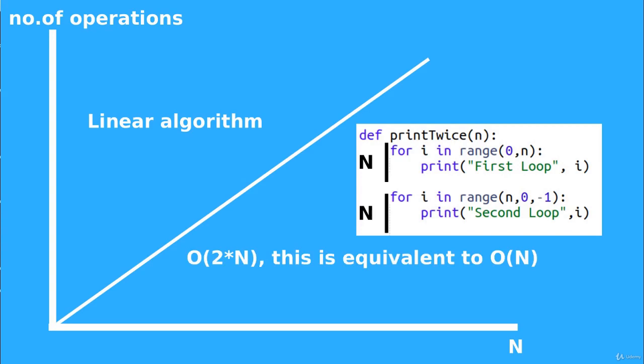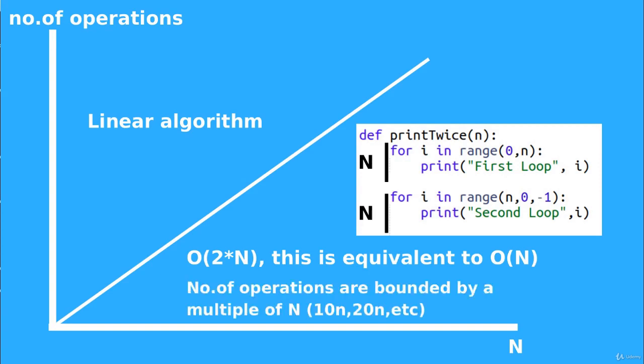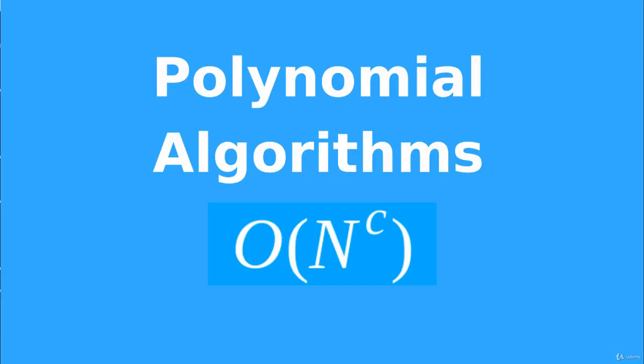You might think this means that this is actually big O of 2 multiplied by n, but remember, we only care about the big picture. So this function has a complexity of big O of n. And again, don't worry about this simplification part, we'll talk about it later in the next video.